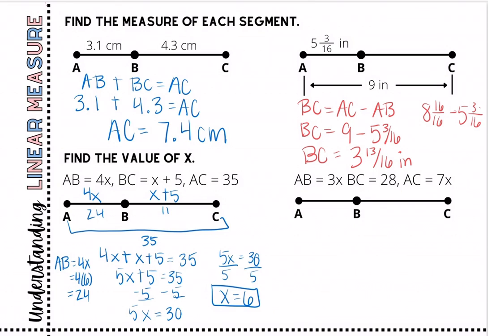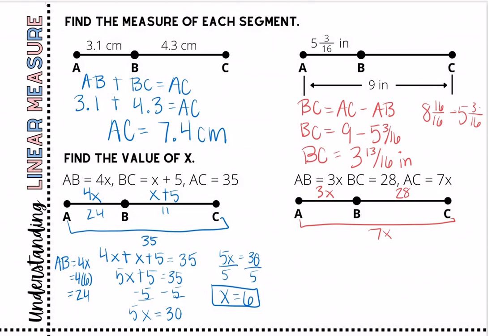This next one is what I'm talking about with making sure you're paying attention to what is being given to you. AB is 3x, BC is 28, and AC is 7x. If you don't pay attention that AC is 7x, you may do 3x plus 7x equals 28, and that's the wrong setup.